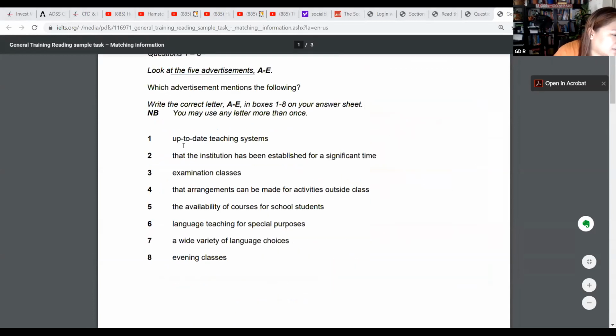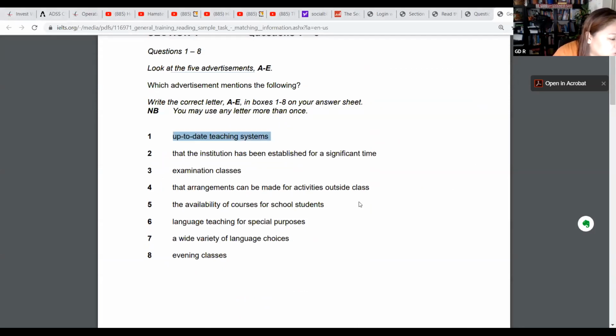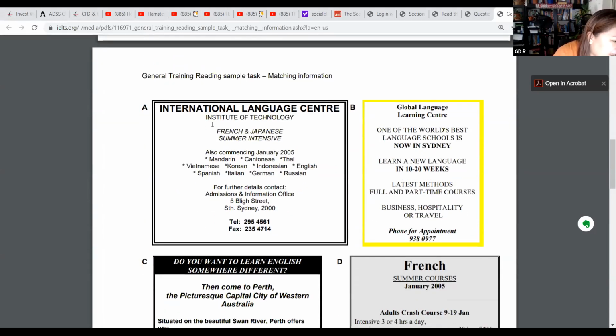For example, number 1, which ad states that there are up-to-date teaching systems? So let's go through the ads. Does this advertisement say anything about up-to-date teaching systems? Wala, di ba? Dito, meron bang up-to-date? Ito lang, siguro ito, latest methods. Kasi up-to-date, di ba?